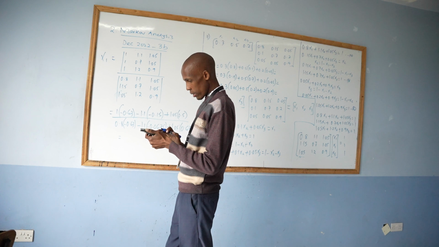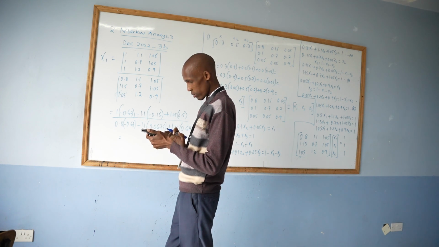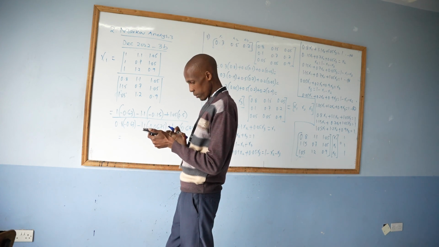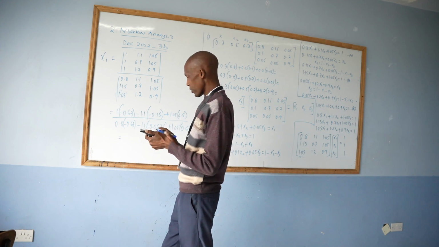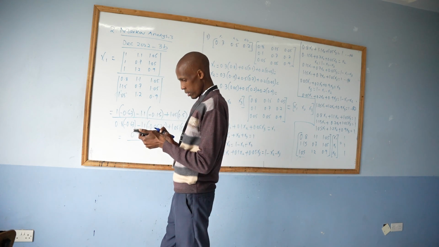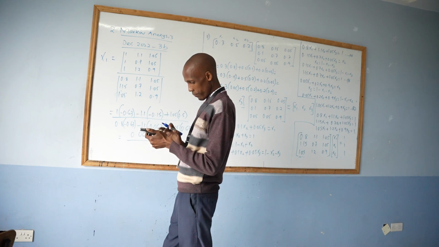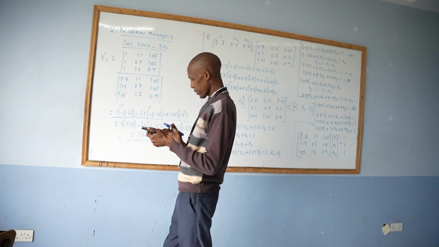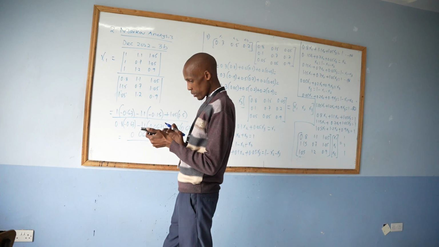Minus 1.1 in bracket, negative 0.15 plus 1 in bracket 0.5. You get 0.06 numerator in bracket negative 0.63 plus minus 1.1 in bracket negative 0.0675 plus 1.05 in bracket 0.645.